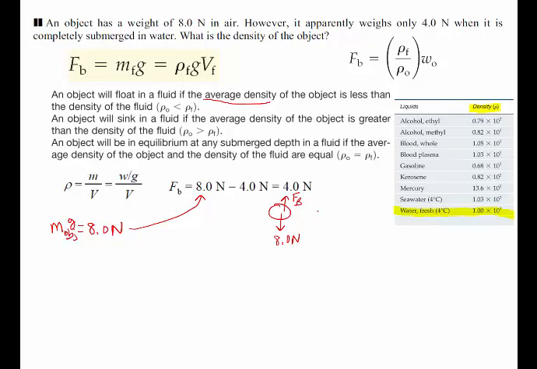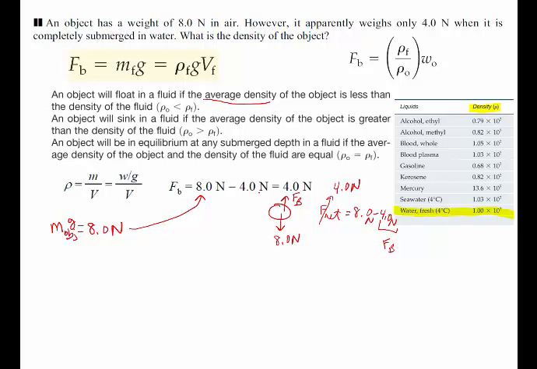So we could literally say that the net force is 8 newtons minus the 4 newtons of the buoyant force. And so this 4 newtons here, that's the net force, that's what the apparent weight is. And so this is the buoyant force, just a different way of looking at it than this calculation here. So the buoyant force is 4 newtons. It's supporting half of the weight of our object that's put in our fluid.